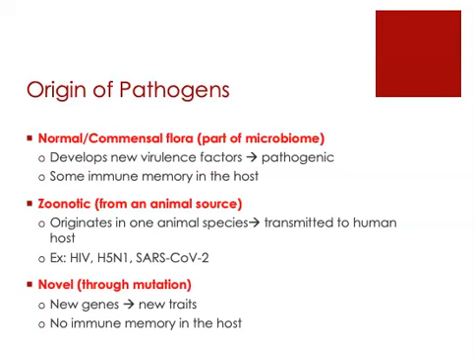But the reason we can call it novel comes from the fact that those mutations have changed that virus so much that it's essentially brand new. It is a version of the old virus that is so changed that it's essentially new, and human beings have no immune memory to it. So you could say that the SARS-CoV-2 virus is zoonotic and it's novel.